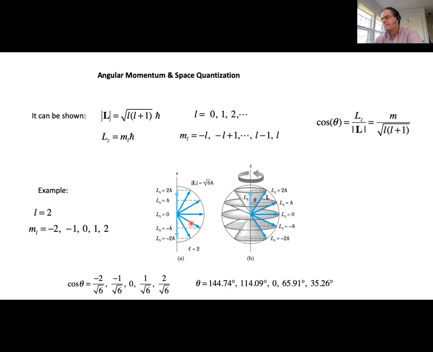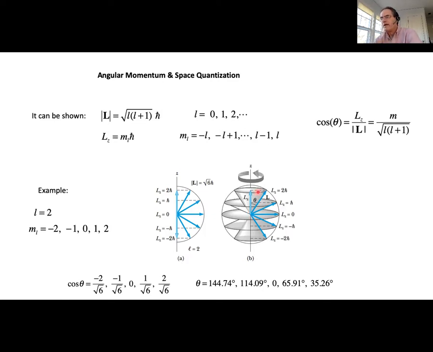Something else, which I'll mention, although it goes beyond what we're really covering here, is that if the z component of the angular momentum is specified, as it is here, then it turns out that the x and y components of the angular momentum are unknown. There's actually an uncertainty principle between the different components of the angular momentum, something you'll learn about in a later course.